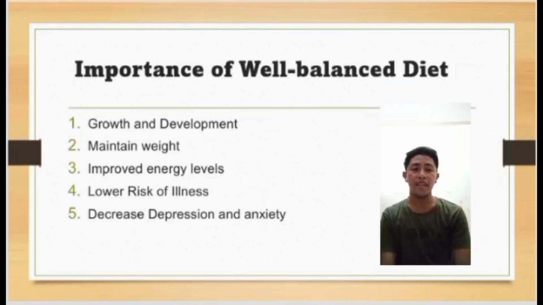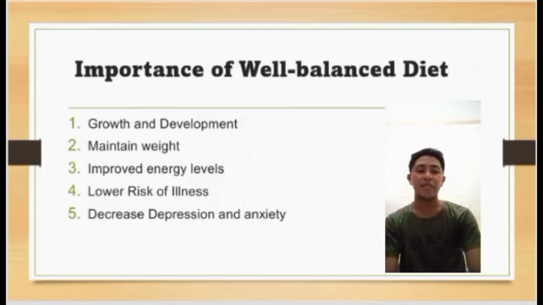The fourth one is lower risk of illness. Eating healthy helps prevent, delay, and manage heart disease and type 2 diabetes. Balanced diet patterns include a variety of fruits, vegetables, whole grains, lean protein, and low-fat dairy products.